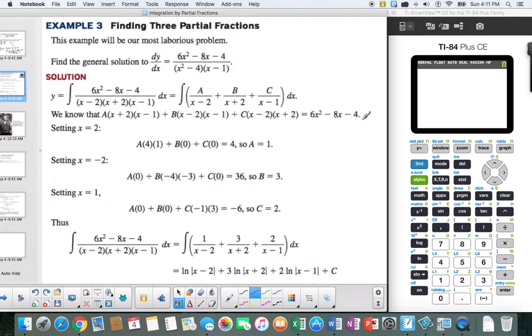Now there's another technique where we don't have to multiply everything out, and I want to show you that right now. So let me take a color here, A, and I would like to find A right here. Now to find A, what I'm going to do is set every x value equal to 2. Now why? Because this will make this go to 0.